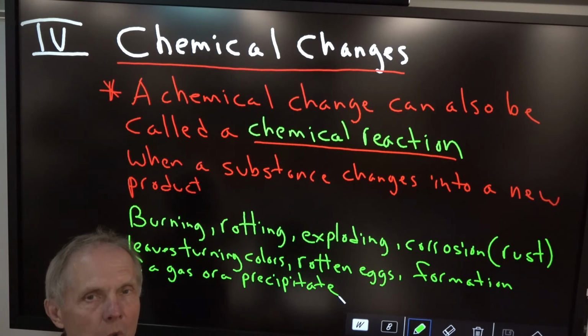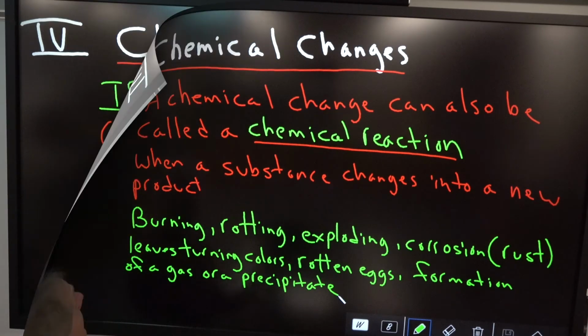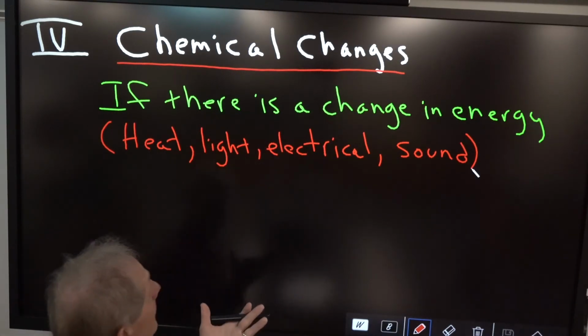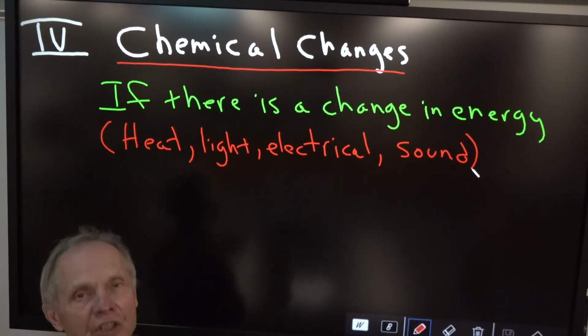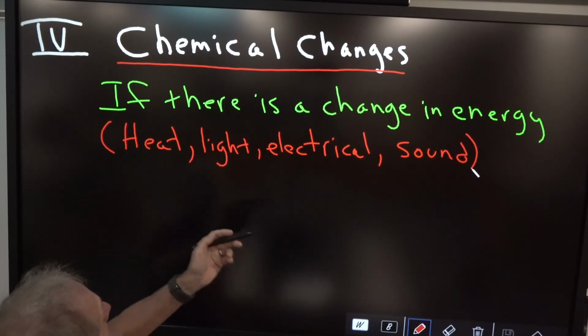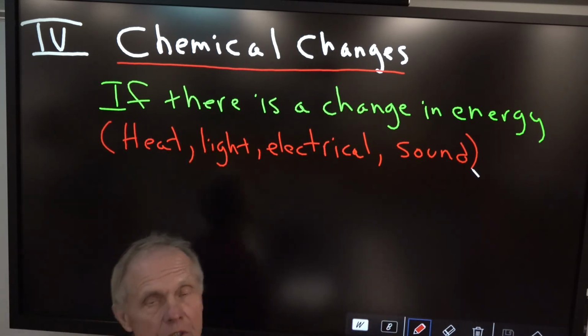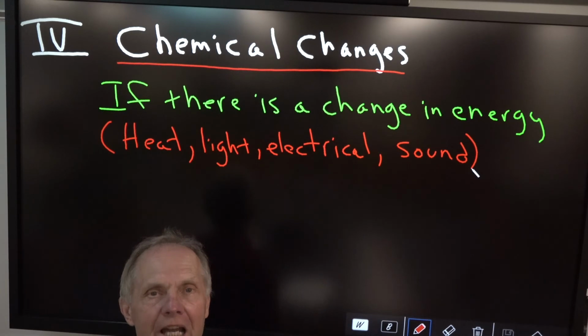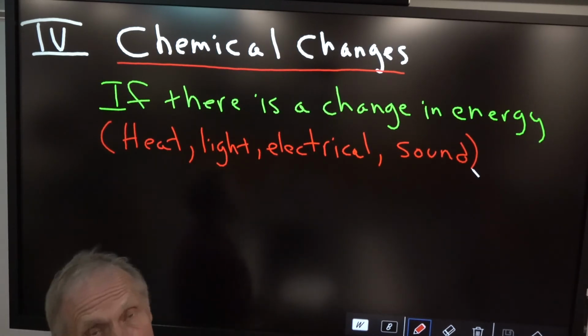And we have one more type, a change in energy. And we're going to put that down right now. So this is a change in energy. If there's a change in energy, it's a chemical change. The energies, heat, light, electrical, sound, any type of energy like that, if there's a change in that, it is a chemical change.